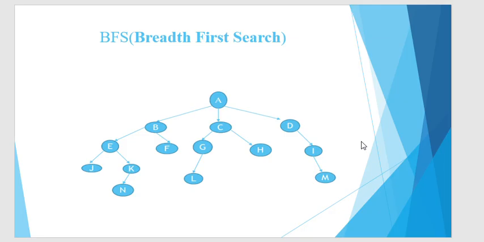The one I wanted to search may be in the above level, but we are going in one depth, like A, B, E, like that. But our goal state, suppose N, is on a higher level, so we do not move there.